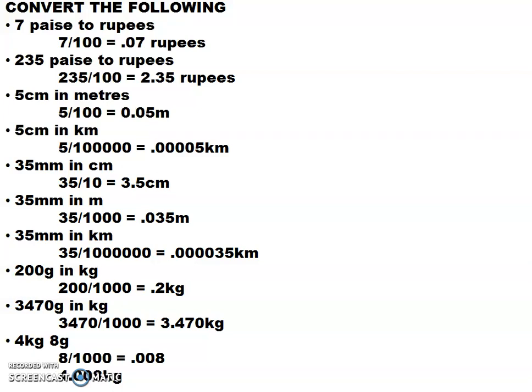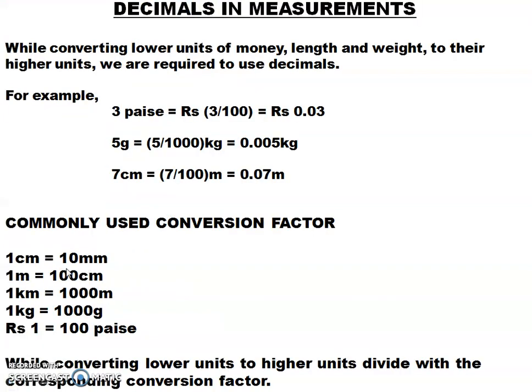Next one, 5 centimeter in kilometer. Students, look here. We didn't learn direct conversion of centimeter to kilometer. How did you learn? You learned from centimeter you will convert to meter first, then meter to kilometer. How many zeros are there in total? 1, 2, 3, 4, 5. Centimeter to kilometer, you have 2 steps.